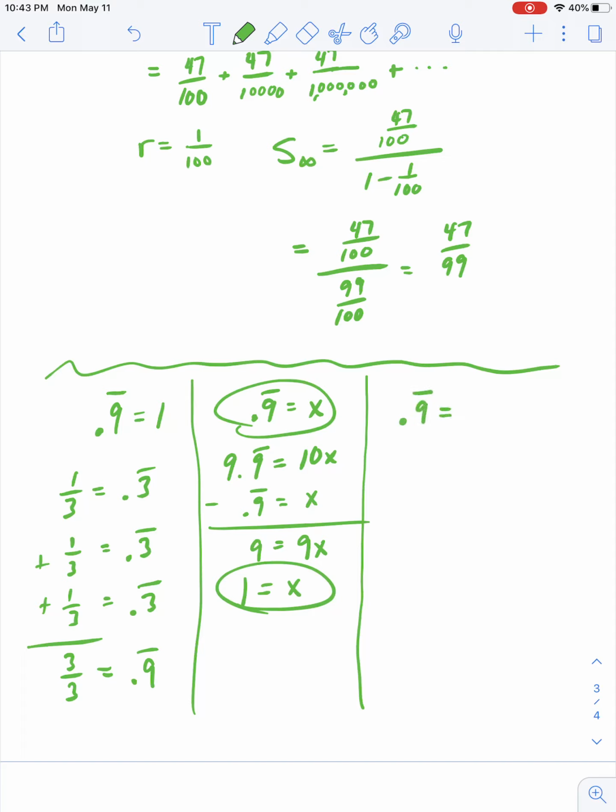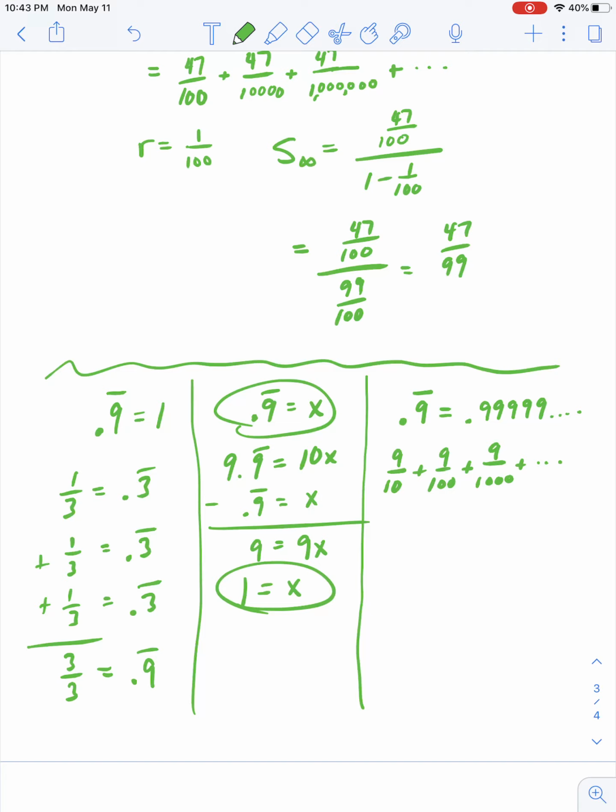And then our last way to do it is using our new formula. So 0.9 repeating can be written as an infinite series, right? This is 0.9999999. So this is 9/10ths plus 9/100ths plus 9/1000ths plus forever.